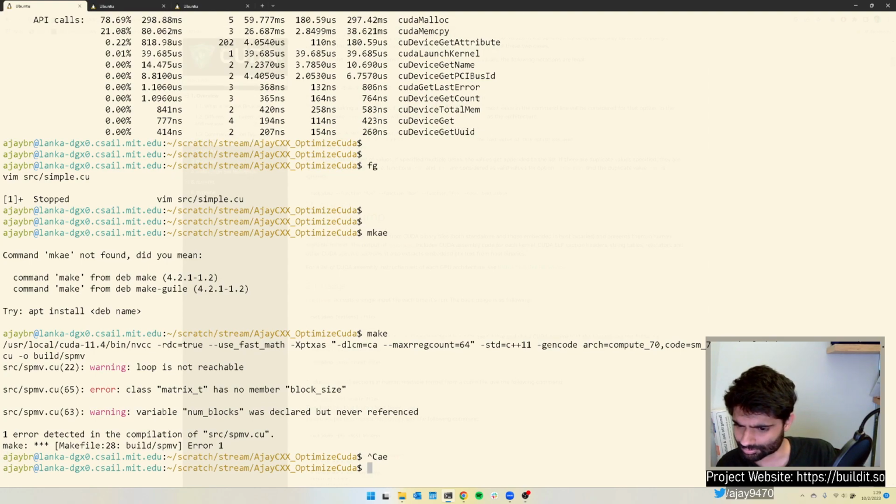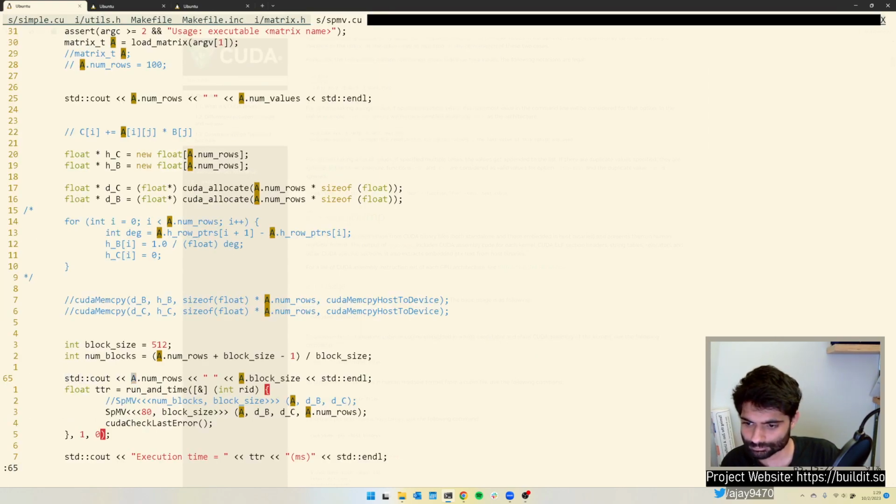Oh, matrix T has no block size. That's one block size, sorry. Never mind.